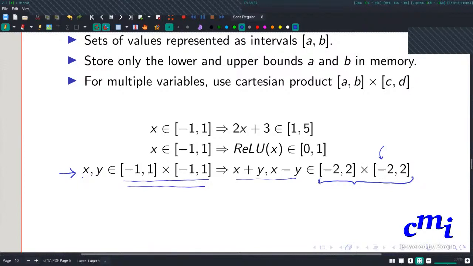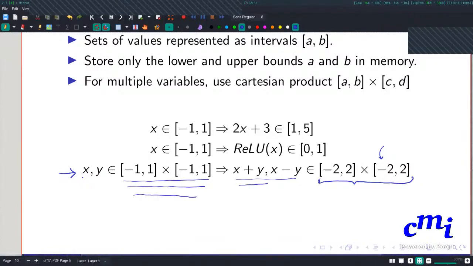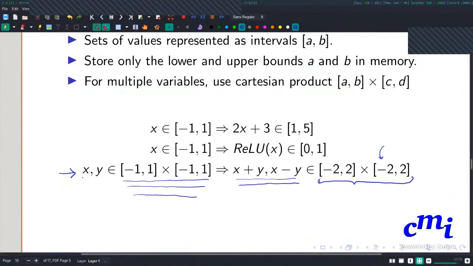So any guesses? Anyone wants to answer this? Is there any point in this set which is not in the image of this box under this 2D linear transformation? I don't think so.